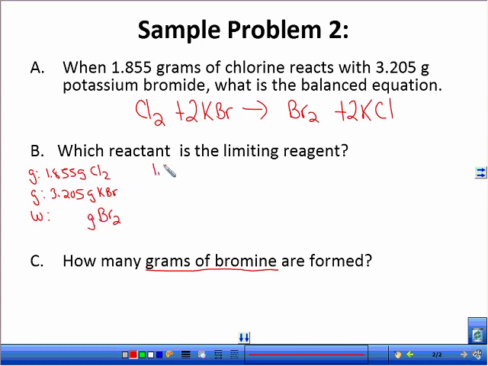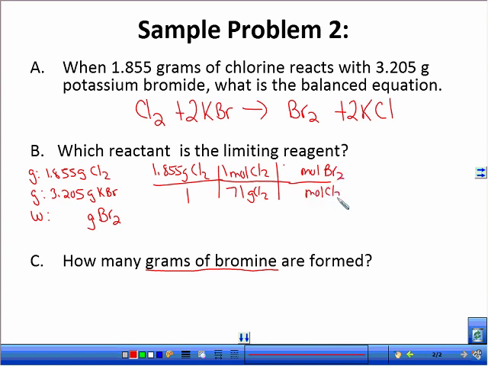So we're going to begin. In grams, we're going to bring grams of chlorine down. This is mass, our favorite type of problem to do. This is 71. And on top, we're going to be looking for mole of bromine and mole of chlorine. In front of those two numbers are ones.